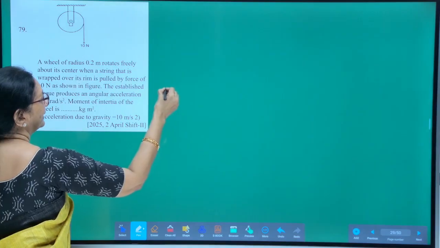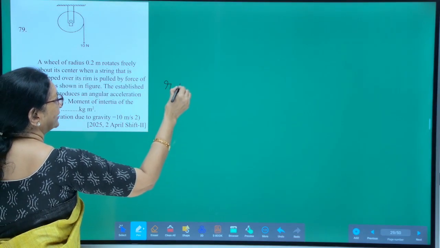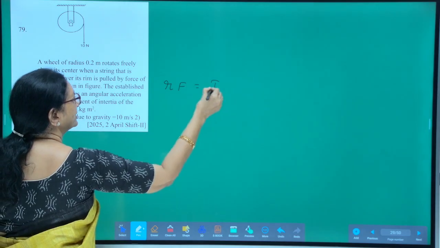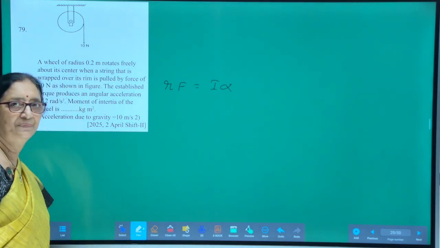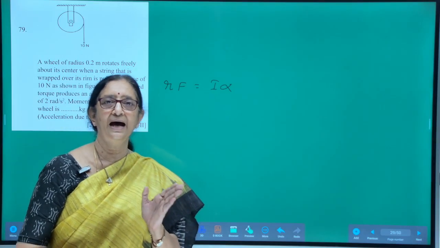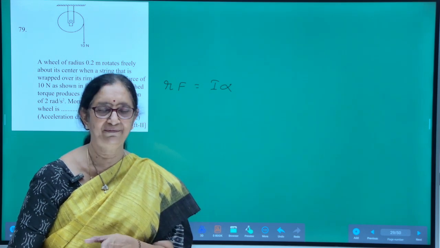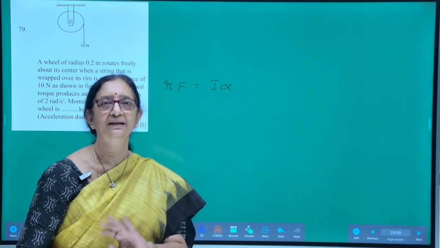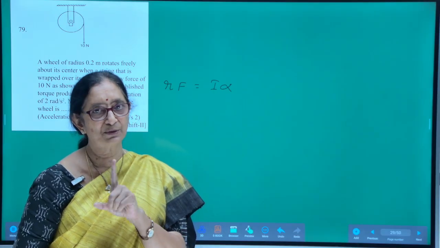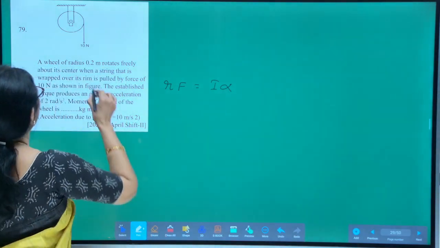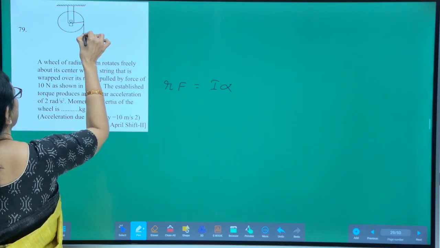See here, torque is R cross F, that is also equal to I alpha. R cross F means RF sin theta, where theta is the angle between R and F. If R and F are perpendicular, sin theta becomes 1, so torque is RF. See here, this is the radius, this is the force.